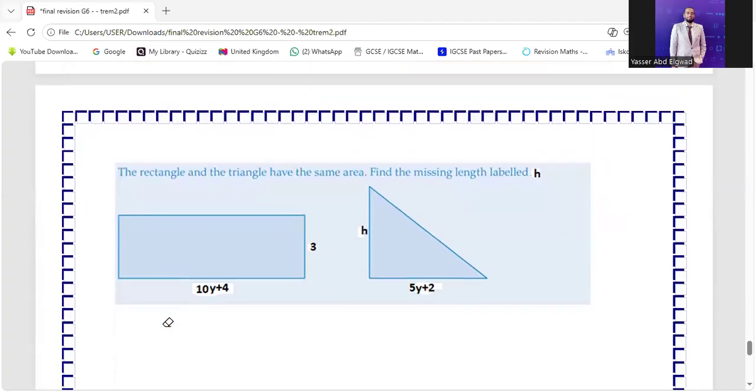The last question, the same. You know, here is a rectangle that has the same area as the triangle. Here we have to multiply 3 by 10y plus 4.